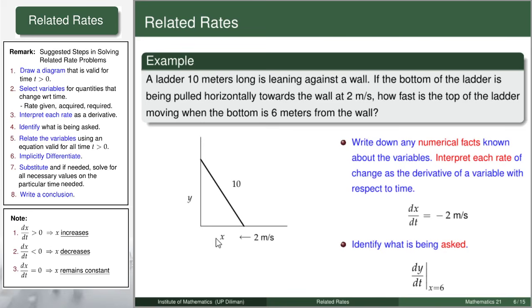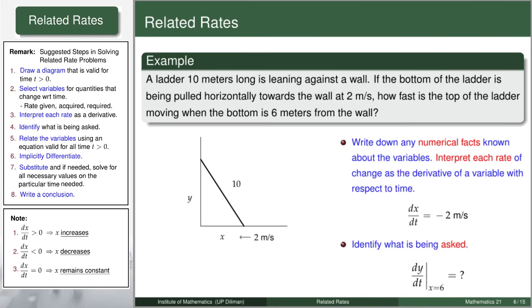That means the moment I put a 6 here and then I have a 10 here, then that will force y to be an 8, and that will be a rigid problem already and not something that is true for any time greater than 0. The 6 here will be used at the end. So therefore, the most important part here is not plugging every single number in the problem in our diagram, but rather knowing how the diagram moves, what changes, and everything that is not needed should be put aside first until it is being asked for. In this case, the 6 will be used much later on.